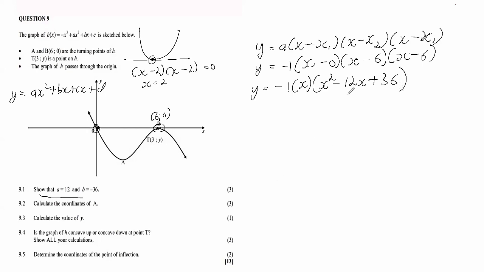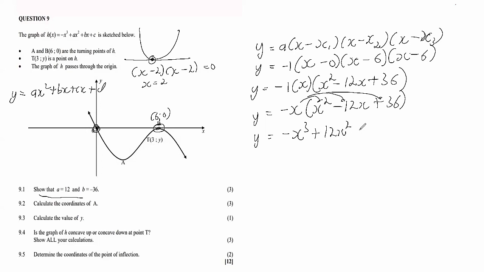And then what we need to do right now is multiply with this -x here. So we have -x first, and then x squared minus 12x plus 36. Then we multiply inside with that -x. Then our equation now becomes -x cubed plus 12x squared minus 36x.